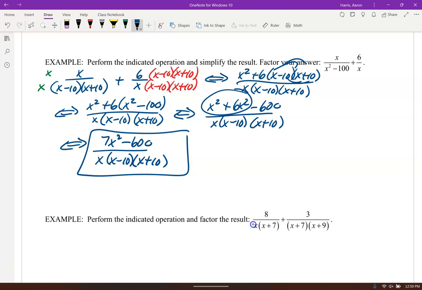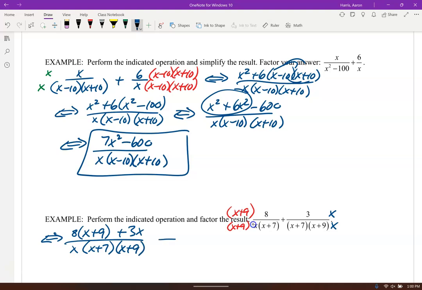Let's keep going, guys. We got this next one. I notice I have an x and an x plus 7. So this one's missing an x. And notice the bottom right there, x plus 7, x plus 9. That's my common denominator. So this one's missing an x plus 9. So now this will become, with the common denominator, x plus 7, x plus 9.